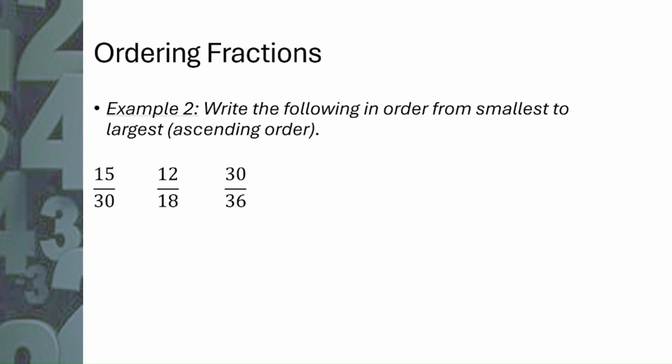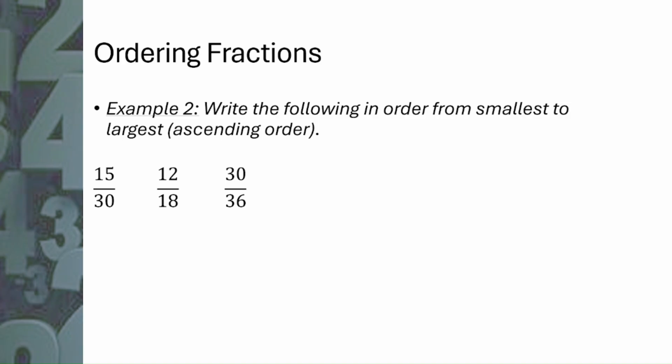We have 15 over 30, 12 over 18, 30 over 36. Please do remember that our starting point is to rewrite these fractions so that we have some equivalent fractions that all have the same bottom number. Again, we call that a common denominator.